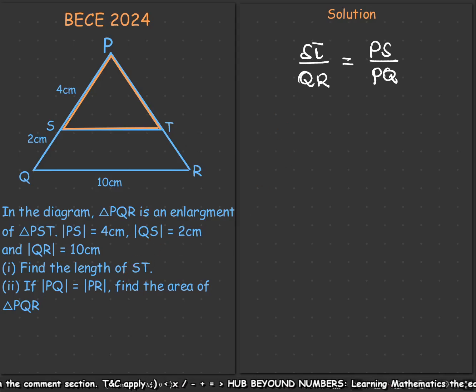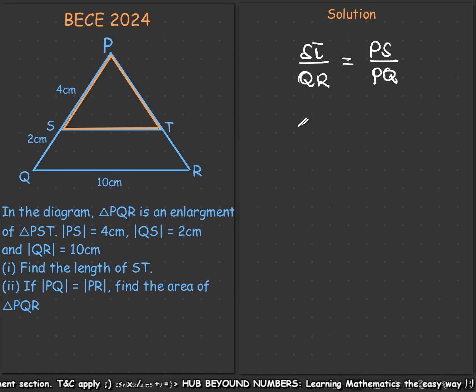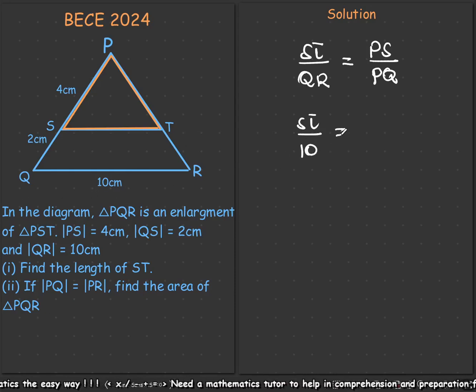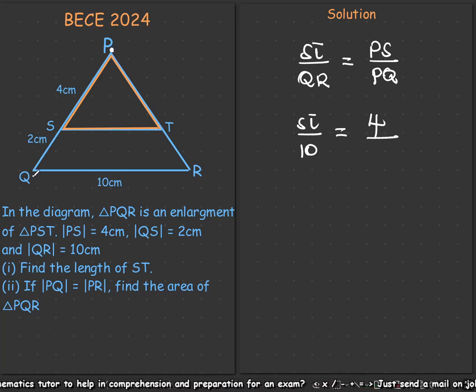As at now, we don't know the value of ST, so we just write that down. That is ST over QR. We're given QR to be 10 centimeters, so 10 is equal to PS. From P to S, we've been told, is 4 centimeters. So 4 all over PQ, which is from this point all the way to this point. What is its length?